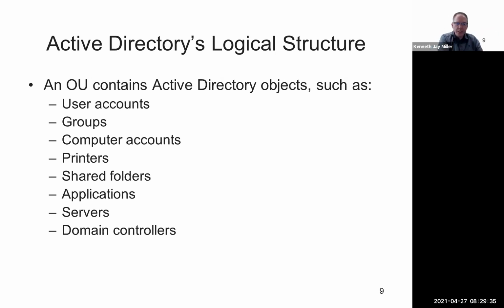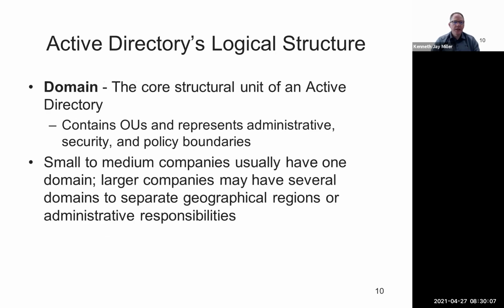I'm going to put it into the domain organizational unit, right? And that will go into another folder in our OU called computer accounts. We'll also have our printers, our shared folders, our shared applications. Our servers for that particular domain will be in our OUs, as well as the domain controllers. Okay. So far, hopefully you're tracking with this.